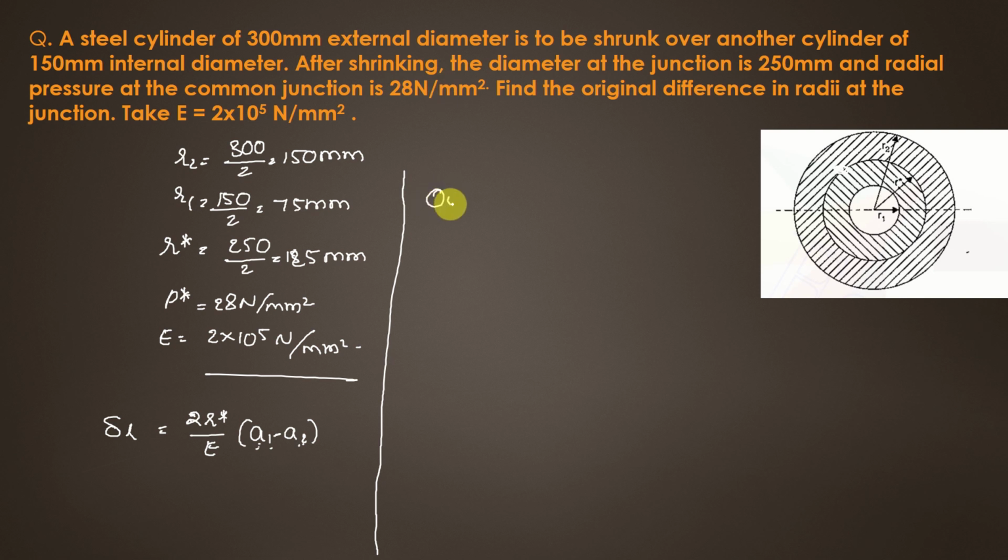For the outer cylinder we have Lame's equations. Px is equal to B1 by X square minus A1, and sigma X is equal to B2 by X square minus A2.